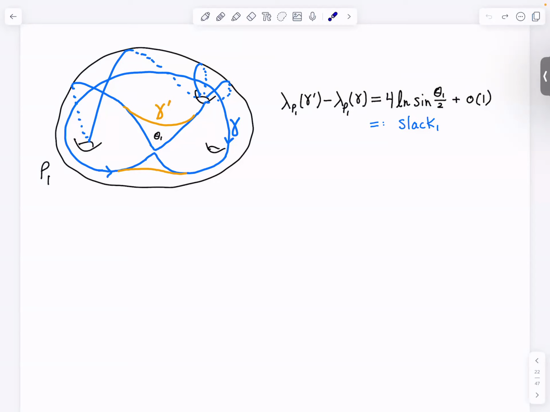So this error term might be appreciable for any particular gamma that we look at, but let's assume gamma is really, really long. And this is small. Okay, I'm going to call this quantity the slack.